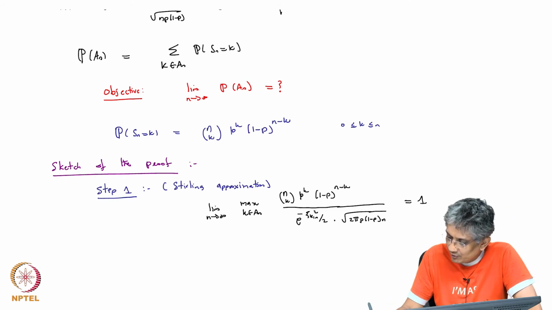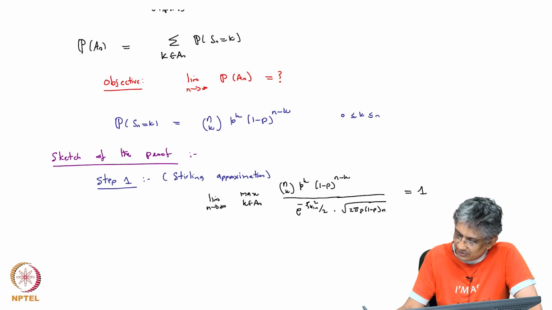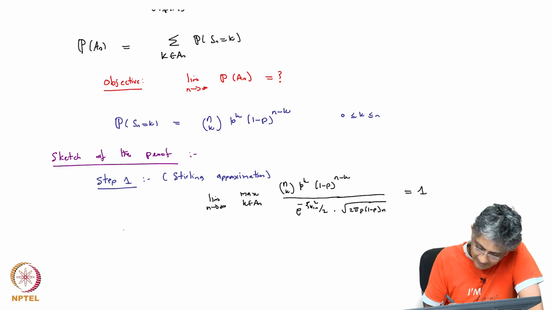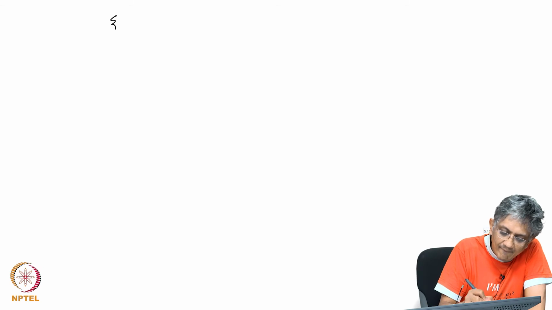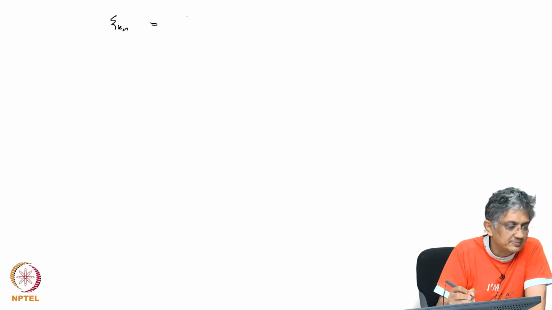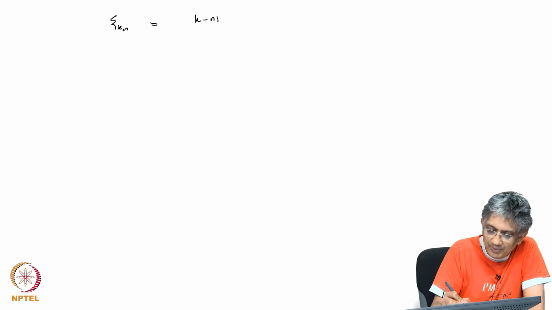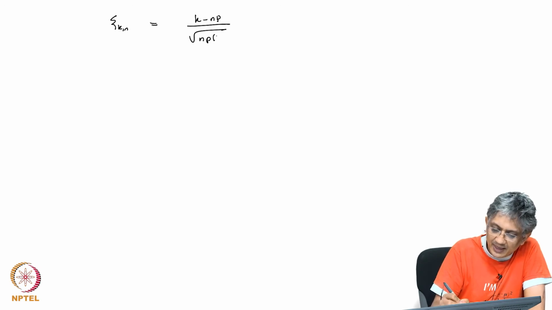Of course, I have not told you what xi kn is. So let me go to the next page and write down xi kn, which is just what you expect: k minus np divided by the square root of n times p times 1 minus p.